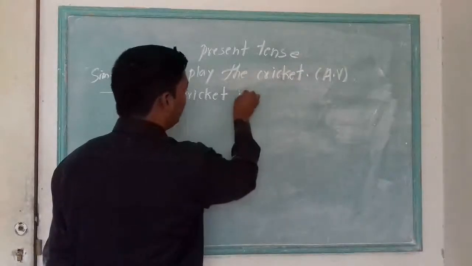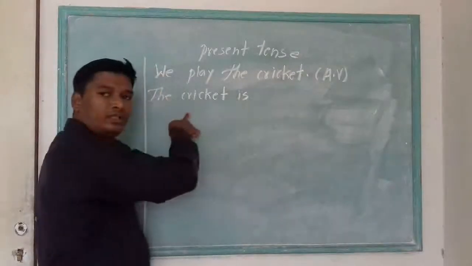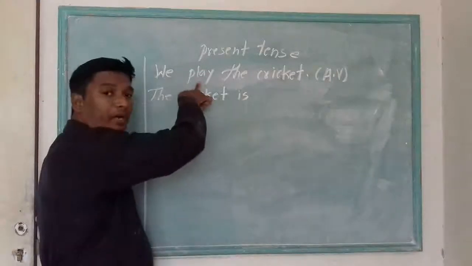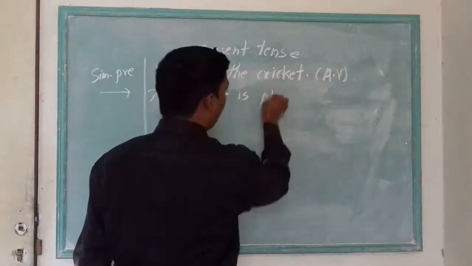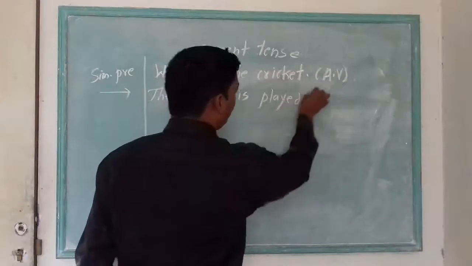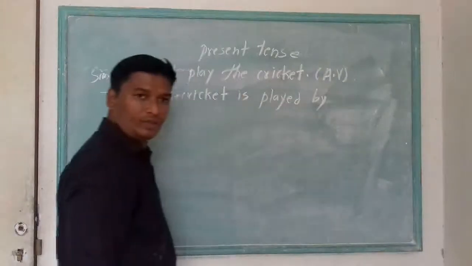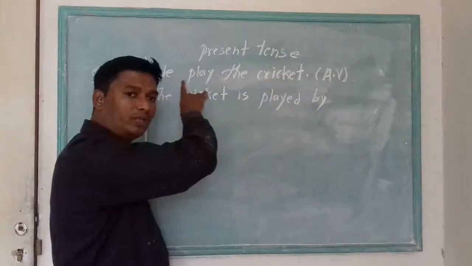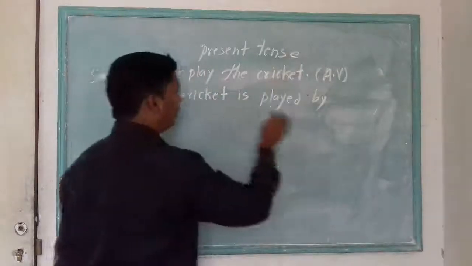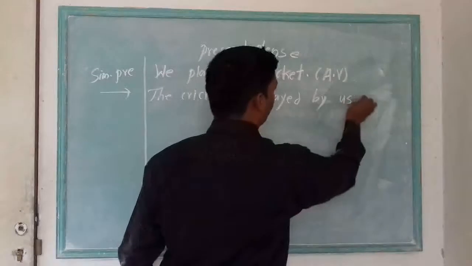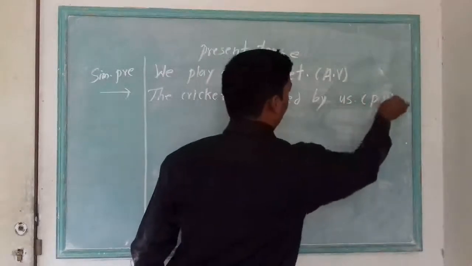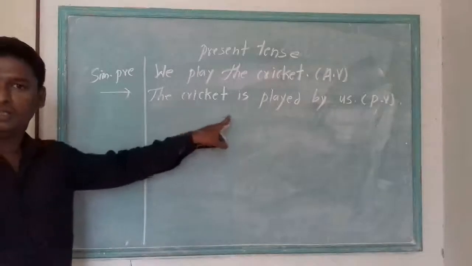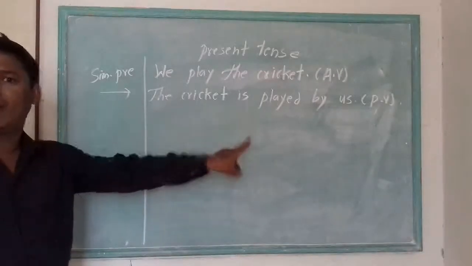Proper auxiliary is "is" because the subject is singular and it is present. Then write the past participle of the main verb, play into played. Then put by, and then write the subject. If the subject is a pronoun, convert it into the object. We into us. Okay. We have learned this while introducing active and passive voice.